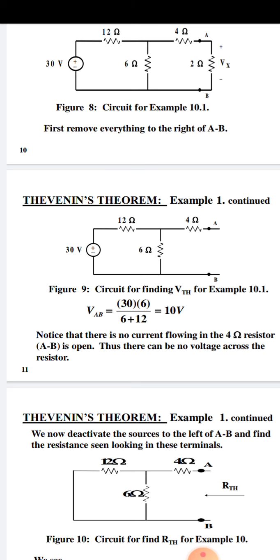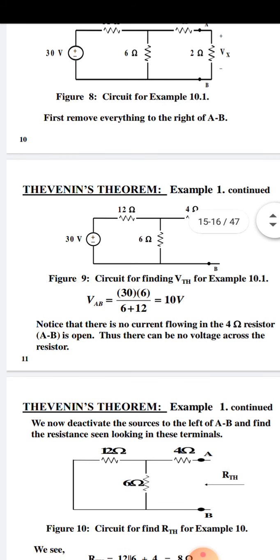This is the first step. The advantage of Thevenin's theorem is that we get the network output in three simple steps. Among the three steps, we have done one step, getting the VTH voltage.